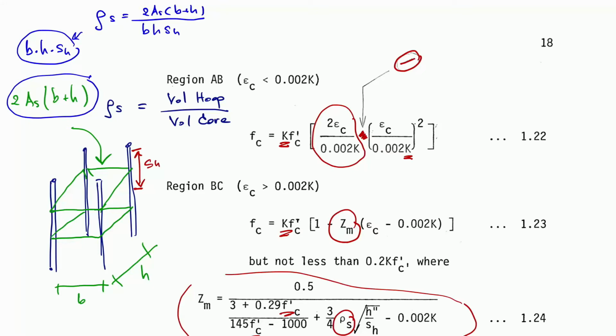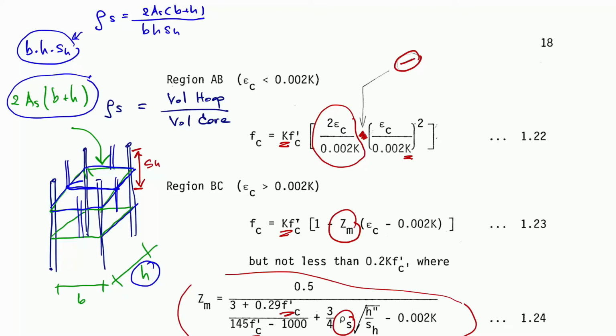If you have some other reinforcement in this layer, maybe your hoop system is more complicated than this one. For example, if you have the column and then you have some confinement like this, if this H is too large, then the effectiveness of the confinement will be reduced.